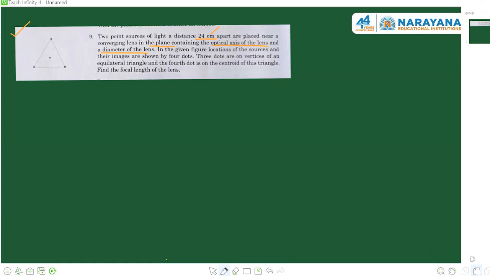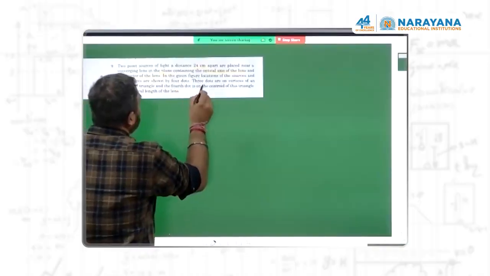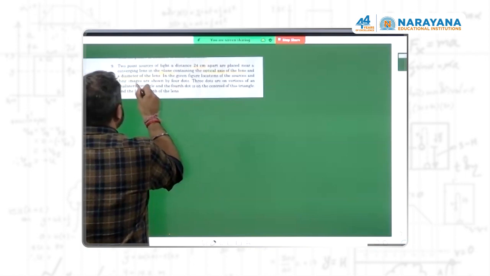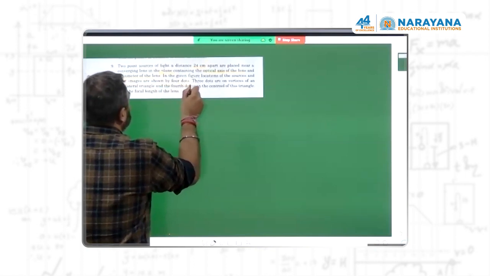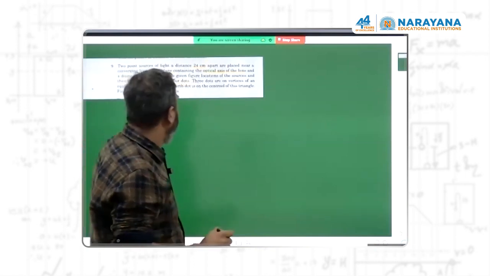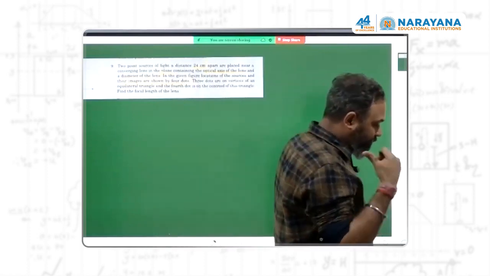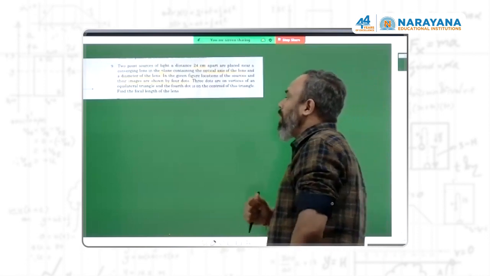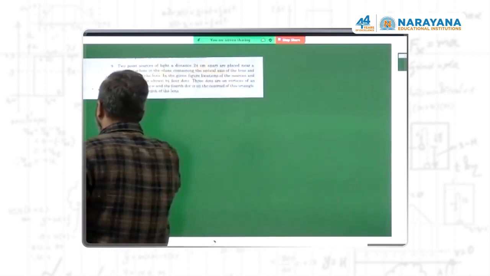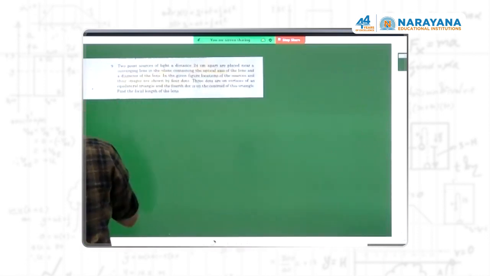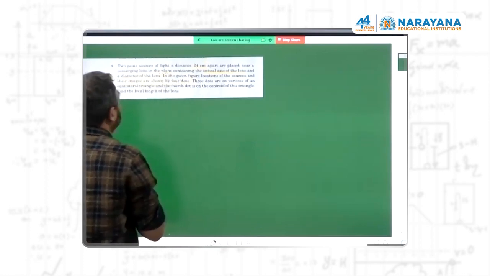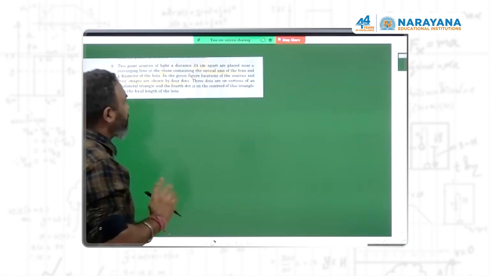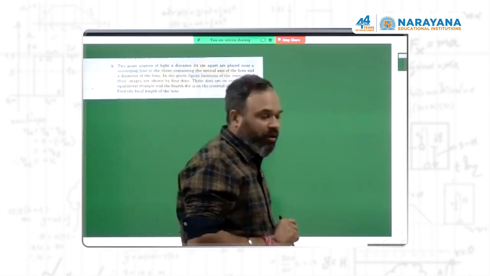Now the question is such that in this figure, the location of the sources and their images is shown by 4 dots. So you can see that they have given you an equilateral triangle and the centroid of the triangle. These 4 points basically comprise 2 point sources and 2 of their images, right?